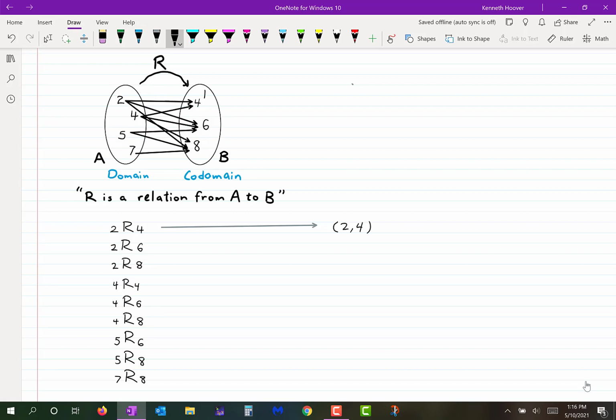And just asking you, when you see that, when you see the ordered pair 2, 4, say to yourself, 2 is related to 4. Okay?